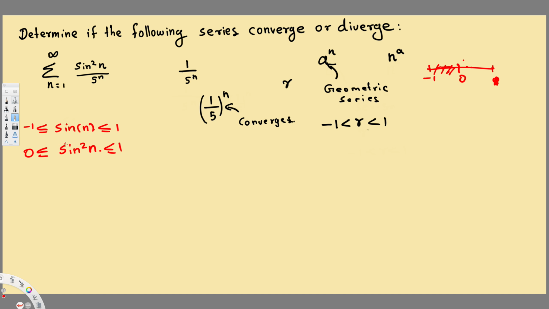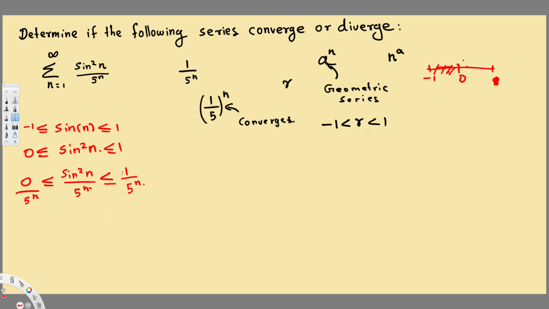We know this one is true, and let's take the denominator part. If we divide sine squared n by 5 to the power n, that should be between 0 over 5 to the power n and 1 over 5 to the power n.